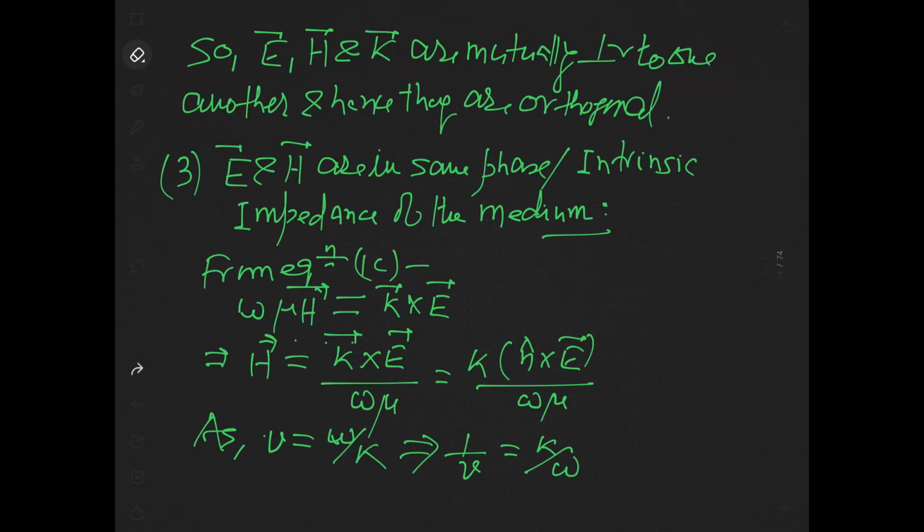And you can see here that in our expression there is the factor k by omega, and so we can write 1 over v instead of k by omega. So what will be the above result?